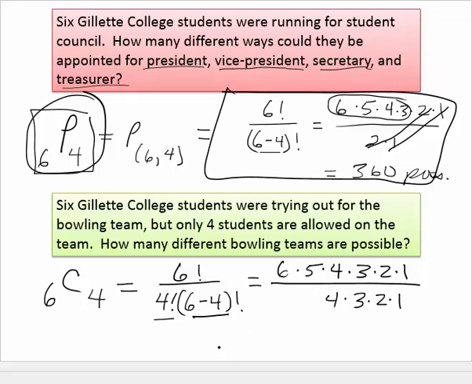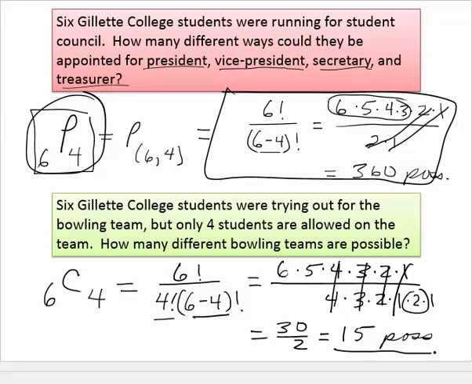And then I also have a 6 minus 4, which is 2. 2 factorial is another 2 times 1. So here we go. All of this right here cancels, right? And then this 2 is still on the bottom, so I have 30 on top and 2 on the bottom. 30 divided by 2 is 15. So there's 15 possible bowling teams I could choose, taking 4 students out of 6 students.